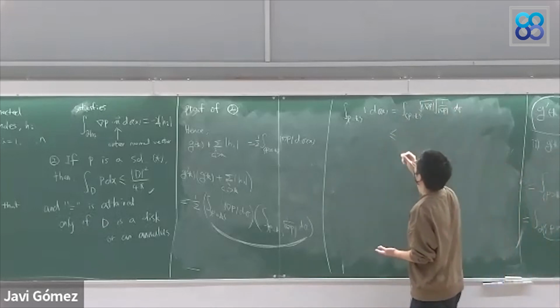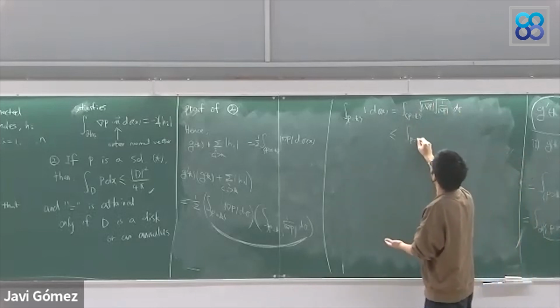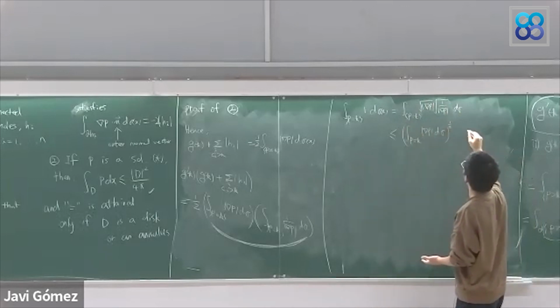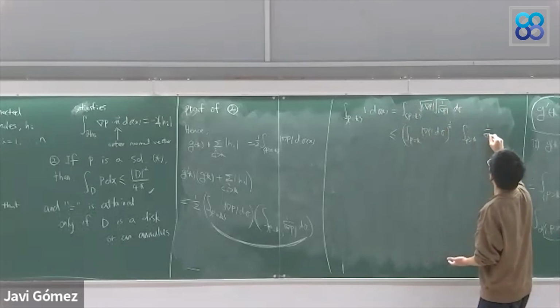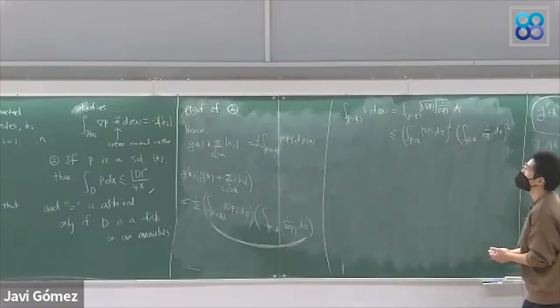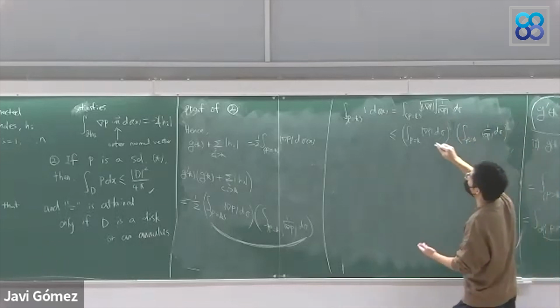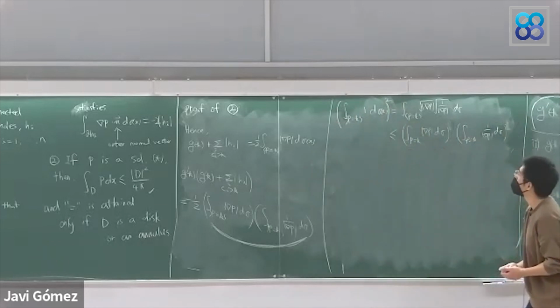And using the Cauchy-Schwarz, this is sigma that times sigma. So we can square them, we get this.